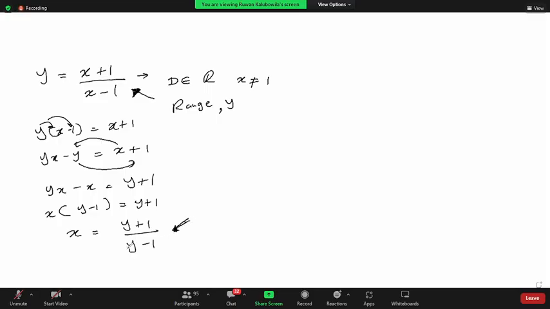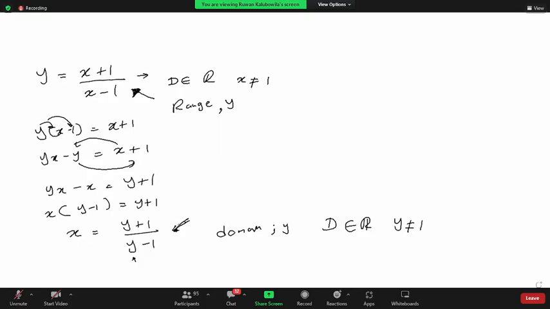So here, let's assume that this is the dependent and this is the independent variable. So here you can find the domain for y. Domain for y, right? A very similar function. So the domain should be real numbers, and y should not be equal to 1 because y minus 1 is the denominator.